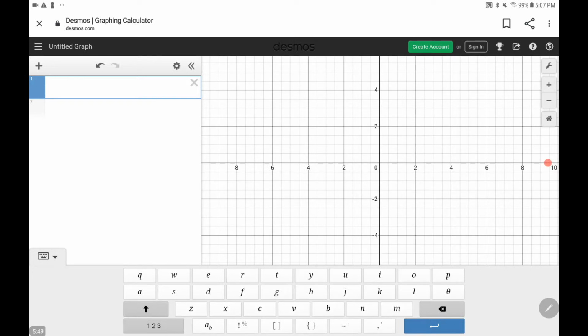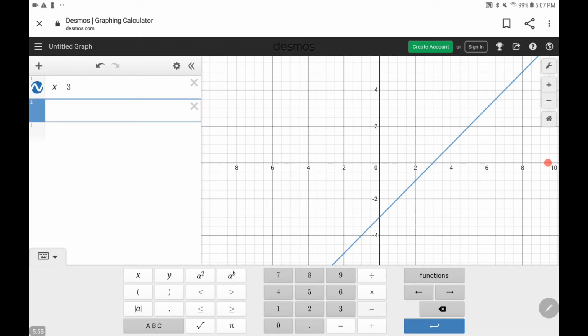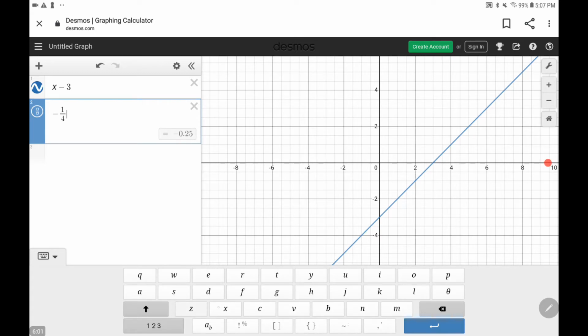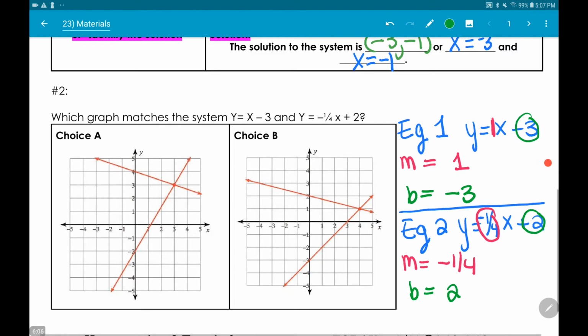Oops. X minus 3. And the other one was -1/4 x. And what was our y-intercept? +2.